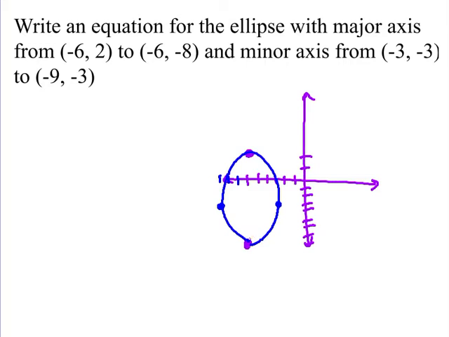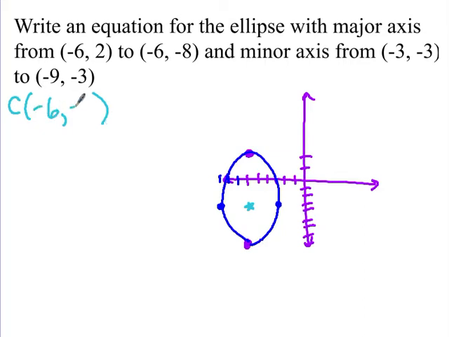So now we have to find the center. Where's the center going to be? It's going to be right here. But what are the coordinates of it going to be? Yep, -6, -3.